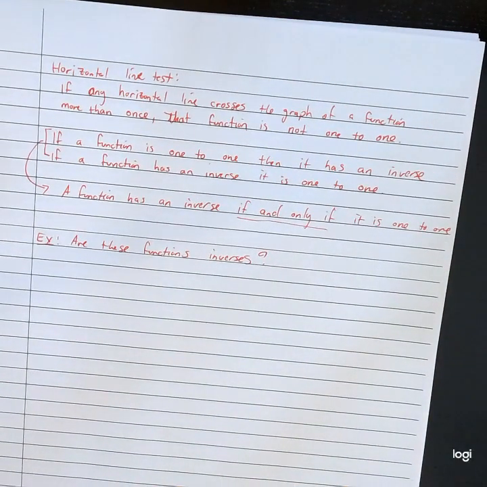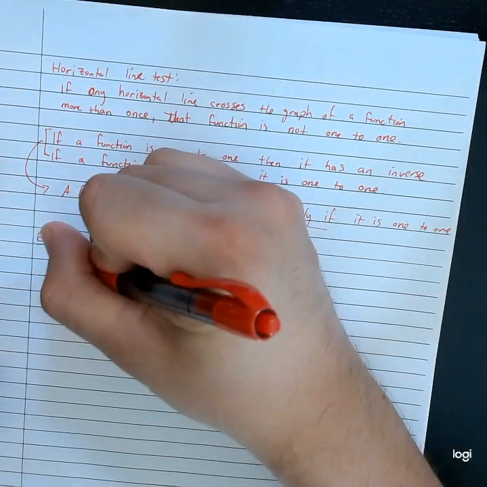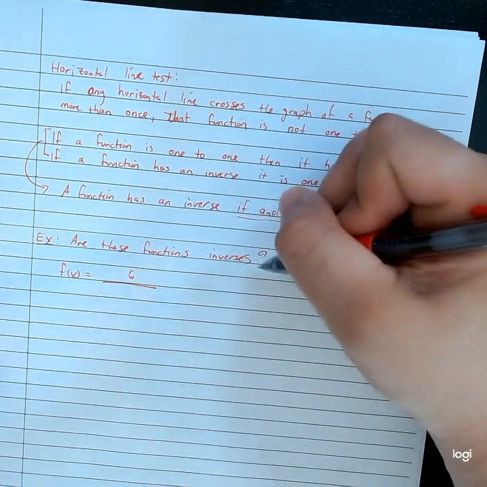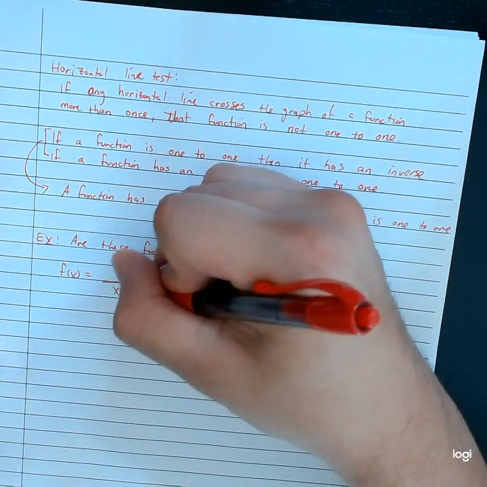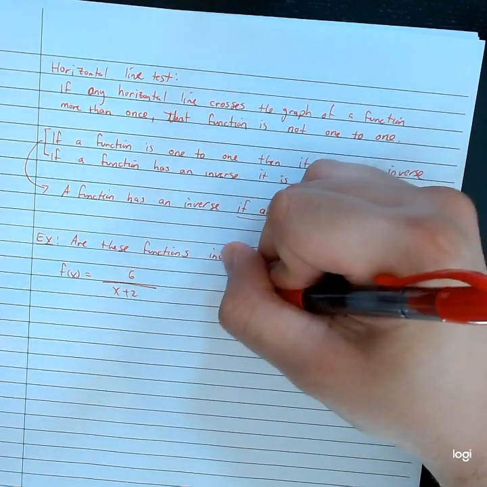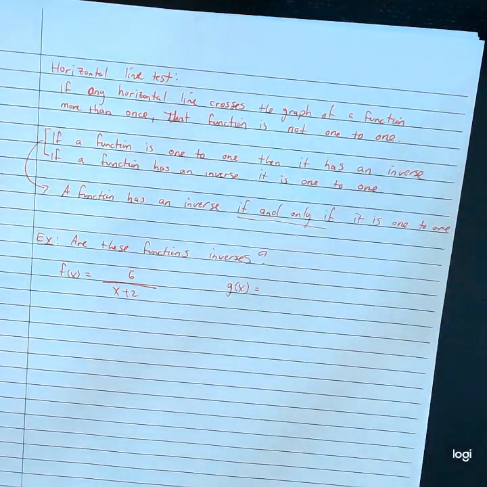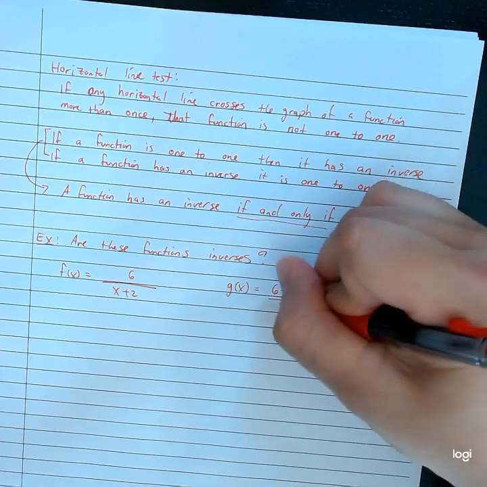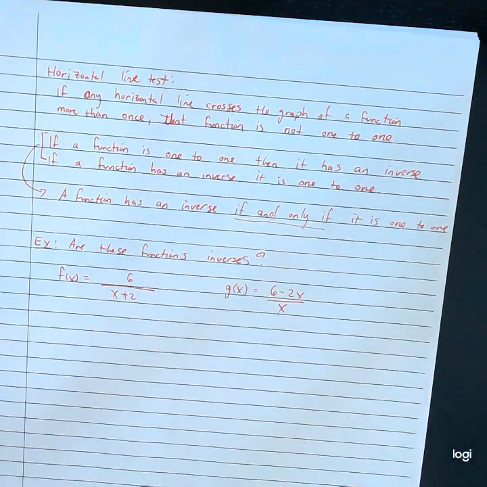So let's take a couple of functions. Let's say f of x equals 6 over x plus 2. And let's say we have another function, we'll call that one g, and let's say g is equal to 6 minus 2x over x. Okay, so are these functions inverses?